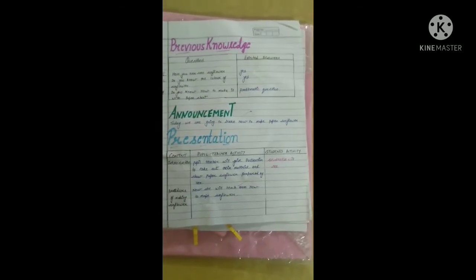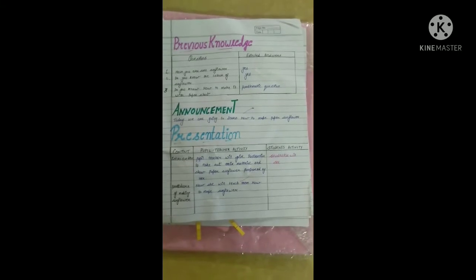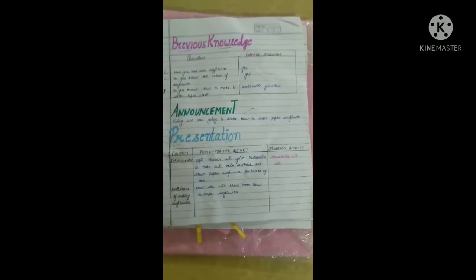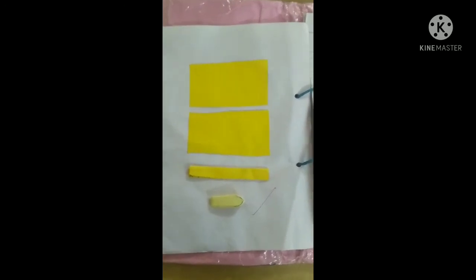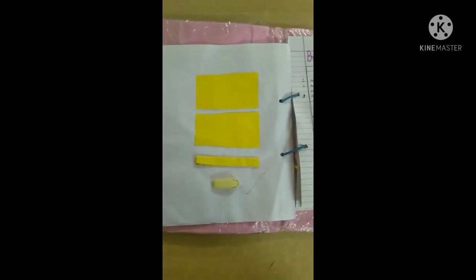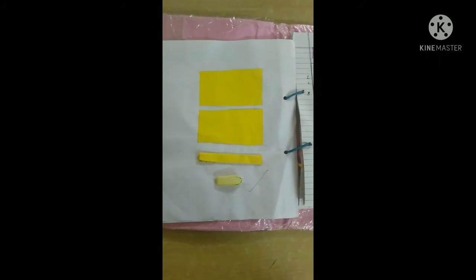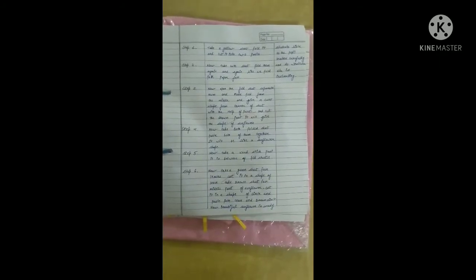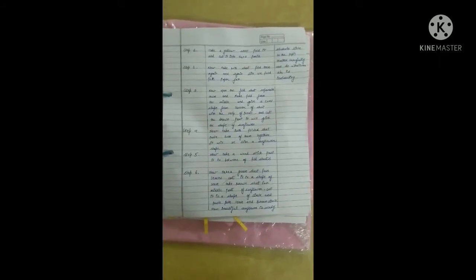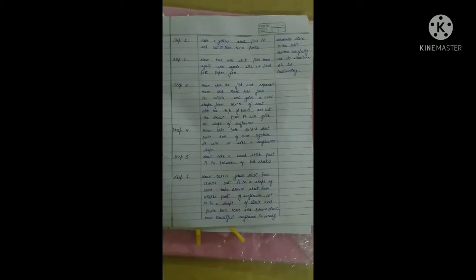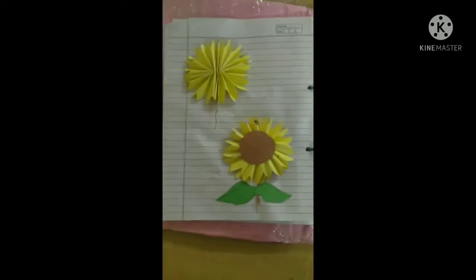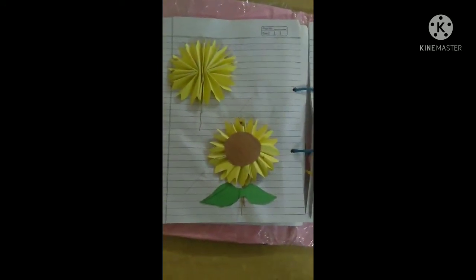And one more important thing that you need to do in your lesson plan is to paste pictures of steps like this. These are the steps of making a paper sunflower which I have mentioned here, and these are the pictures of steps which I have pasted here. So that's all about our presentation part.